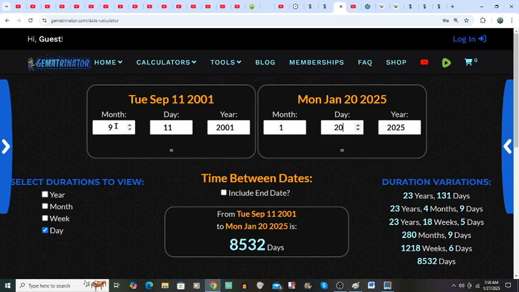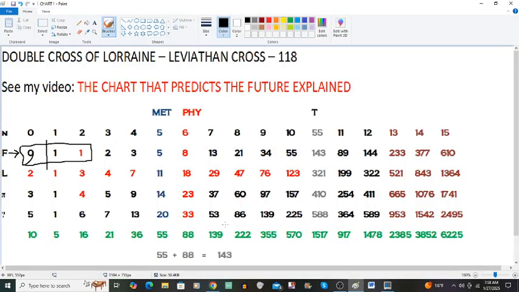Yes. So if we go from 9/11 now, 2001, through to the inauguration date, the 20th of January 2025, look at our number jump. 8,532 days. Memorize that for a second. 8,532 days. Well, we don't need to memorize it because it's right here. 8,532 days.